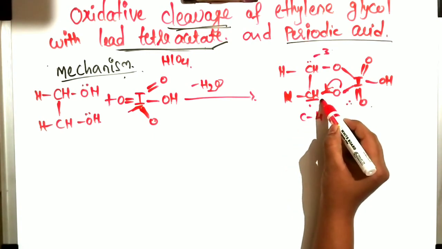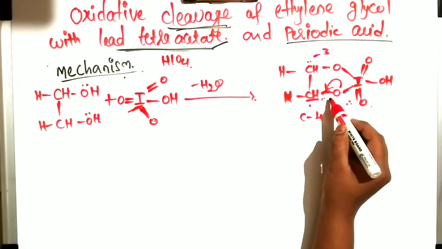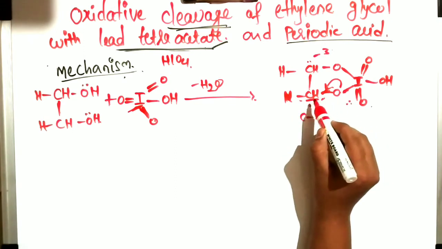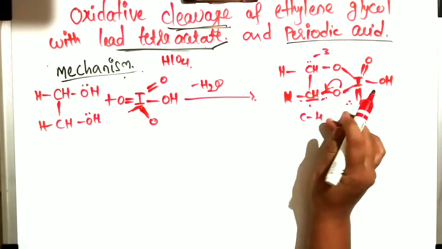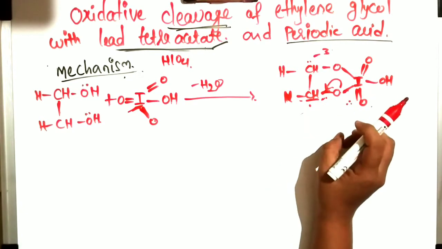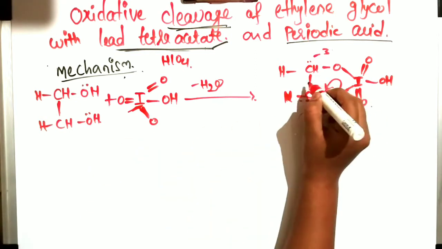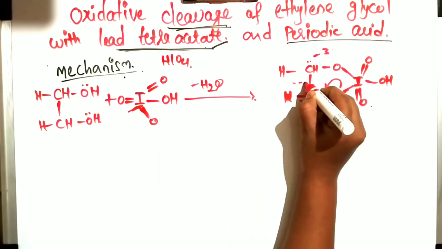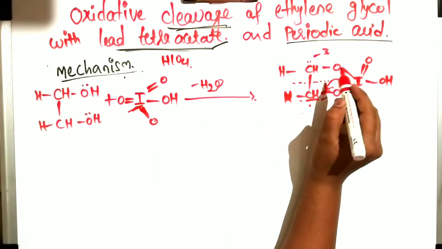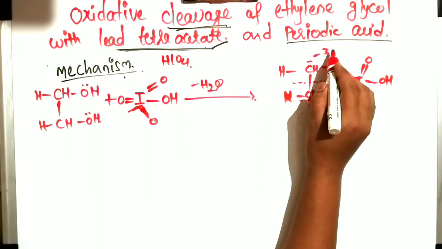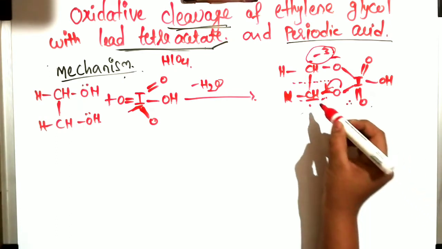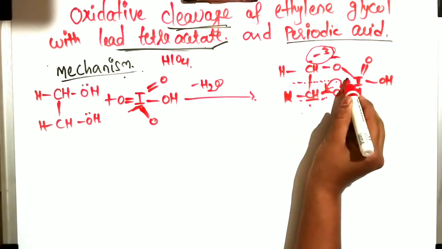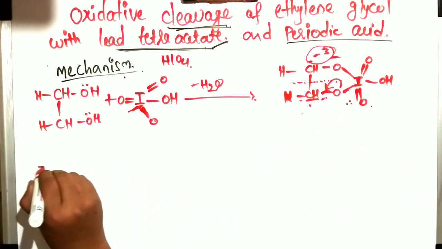When we are getting a double bond over here, the valency, which was already satisfied, gets a disturbance. After the disturbance this bond will break. Here it will get a negative charge, with this it will satisfy the valency, and the cleavage takes place over here. So after the cleavage, what will we get?